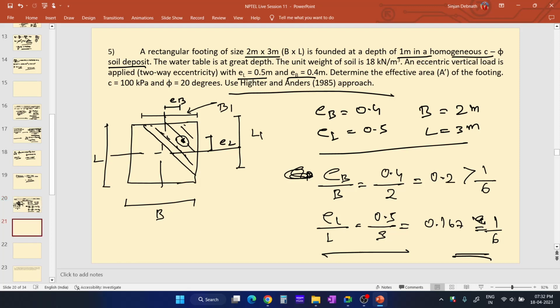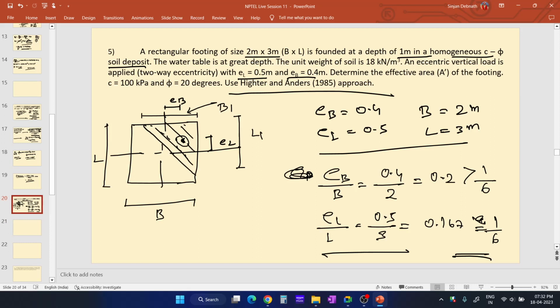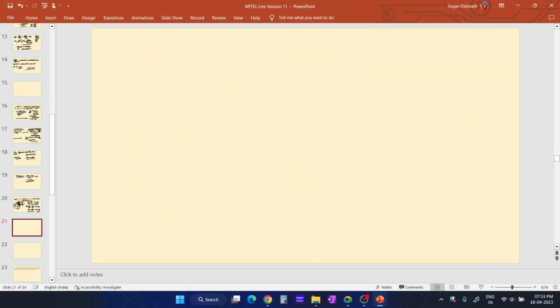After that we need to find out the length of these two sides, B1 and L1, the sides of the triangle. B1 is equal to B into (1.5 minus 3 into EB by B).